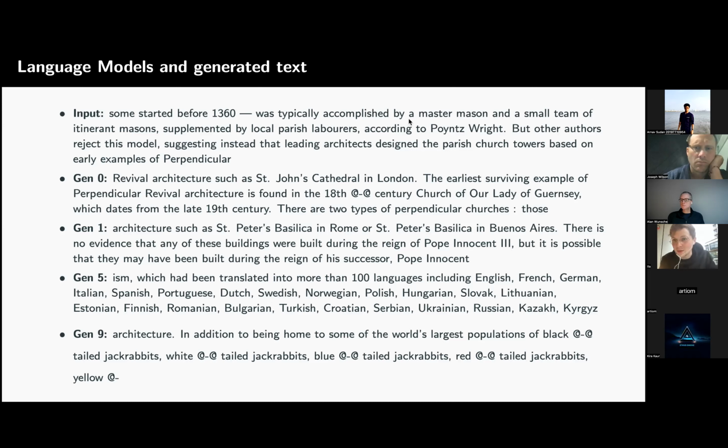Not sure why it's not related to the original input. And then by generation 9, it just finishes the sentence above, puts a dot, and then starts talking about birds, just listing birds and going in circles. As you can clearly imagine, this is not related to the original input.